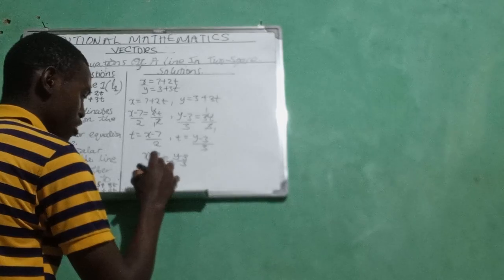And then this would be 3 multiplied by x minus 7 is equal to 2 multiplied by y minus 3. Then we can just distribute the 3 in this bracket. It would be 3x minus 21 is equal to 2y minus 6.